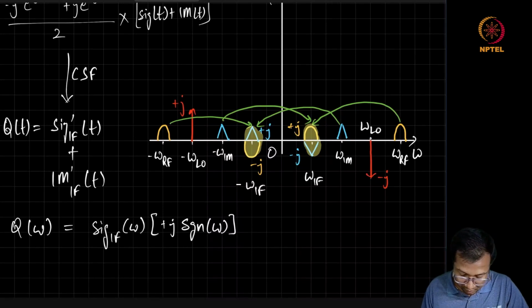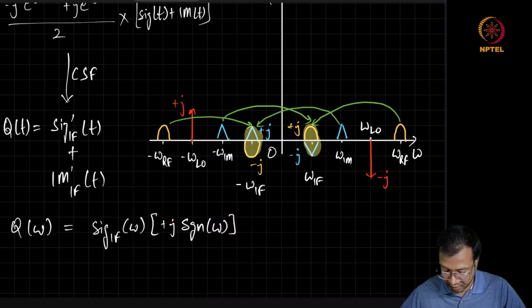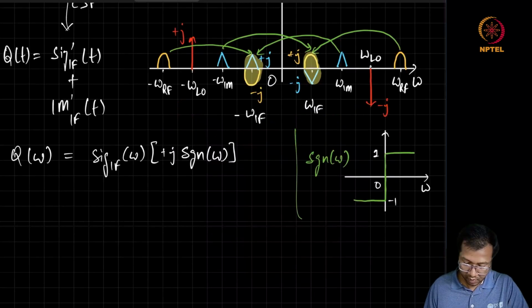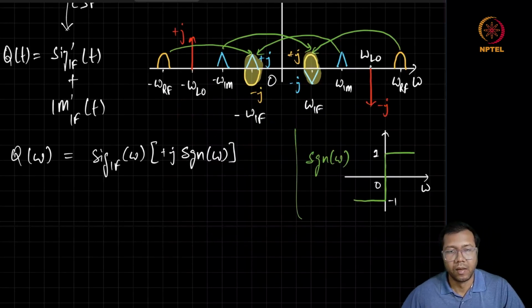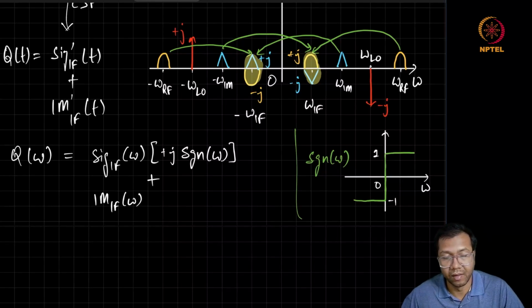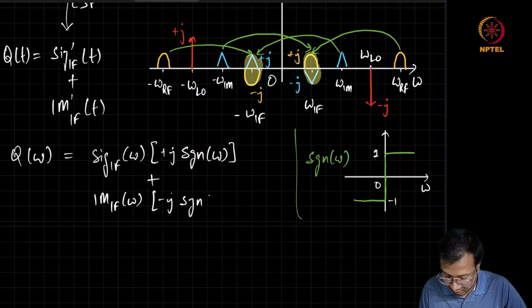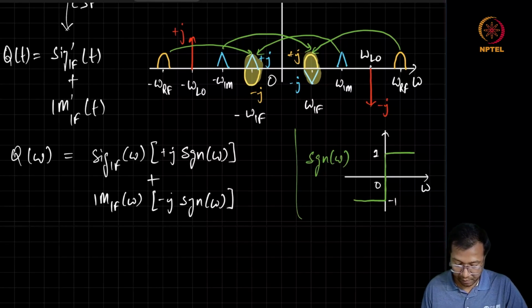So this can be mathematically shown with the help of the sin function. Sin function is, okay, so this is the function we are using in our expression. Similarly, we can write the image signal to be same as the image signal which we got in the case of cos omega LOT, but now it is being multiplied by minus j into the sin function of omega.